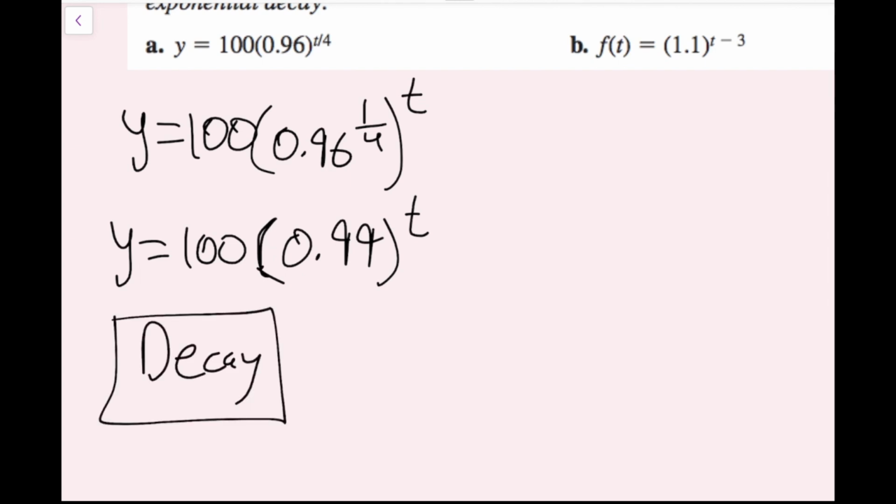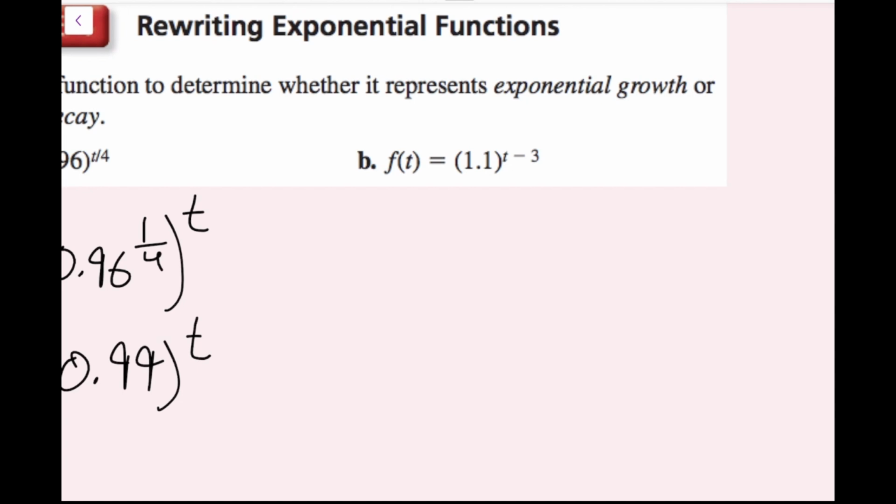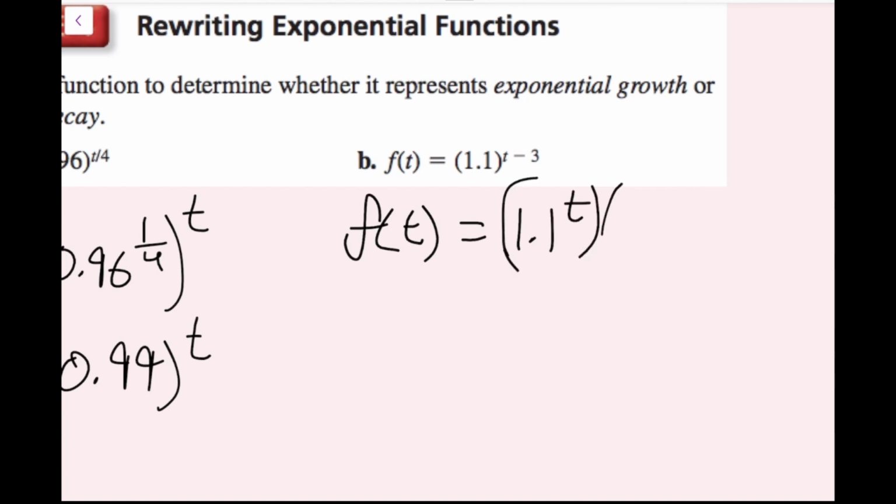Okay, so now we're done with part A. So for part B, I'm just going to rewrite this using my exponent properties. I'm going to rewrite this as f of t equals, and then I'm just going to break this up. Okay, I'm going to break this up into 1.1 to the t times 1.1 to the negative 3. Remember, if I multiply the bases, I just add the exponents.